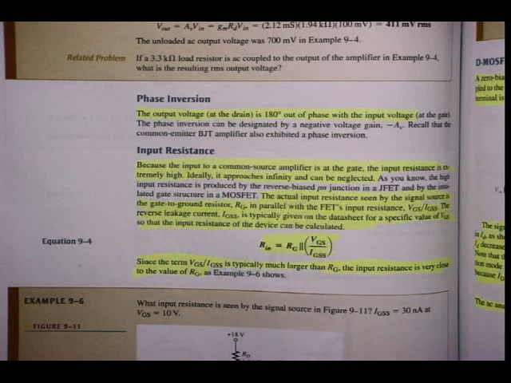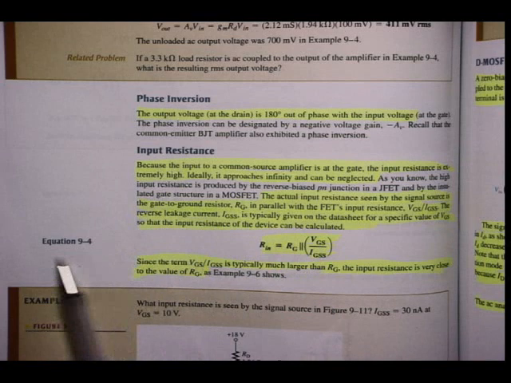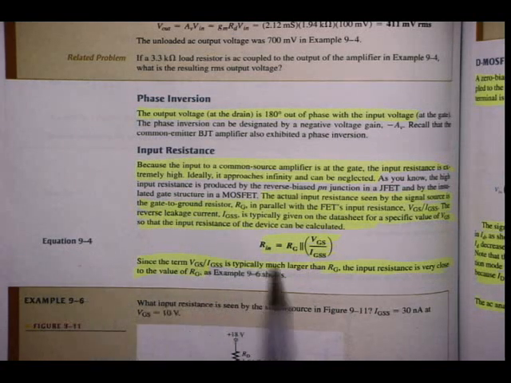The actual input resistance seen by the signal source is the gate to ground resistor RG in parallel with the field effect transistor's input resistance VGS divided by IGSS. The reverse leakage current IGSS is typically given on the data sheet for a specific value of VGS, so that the input resistance of the device can be calculated using equation 9.4.